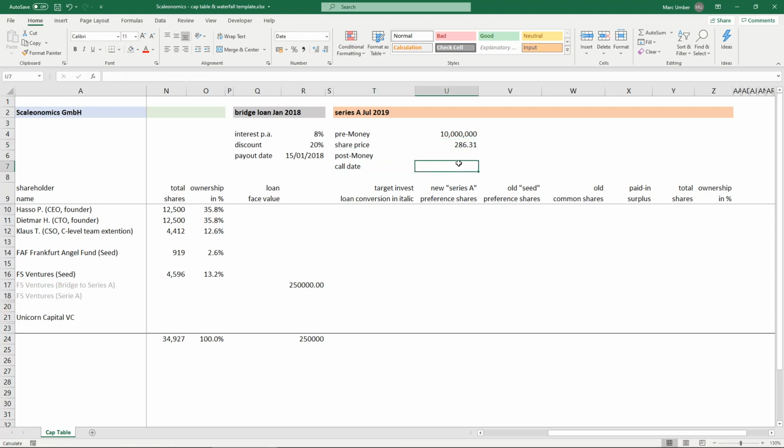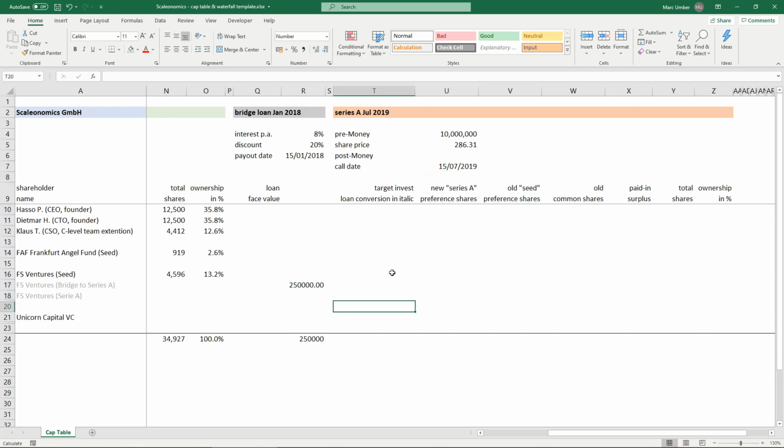And to be able to calculate the loan amount that is to be converted into this bridge, we also need to know when is the last day of interest payments for calculating the accrued interest. Now let's assume, since the financing round takes place in July 2019, this was July 15th, 2019.